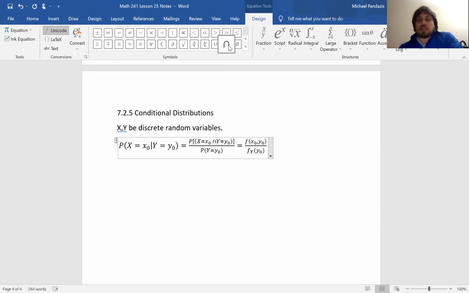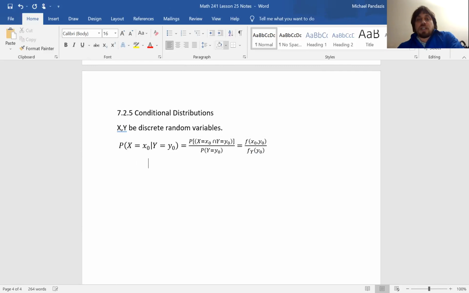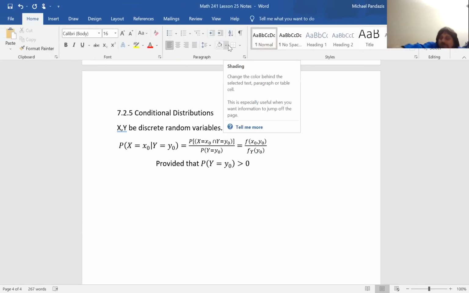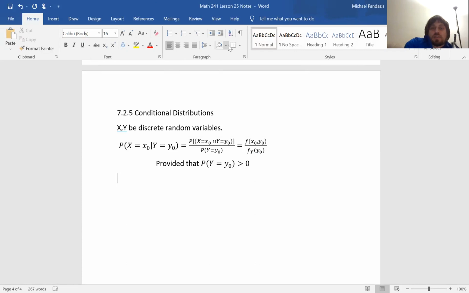Okay, so this is provided that the probability that y equals y naught is greater than 0.